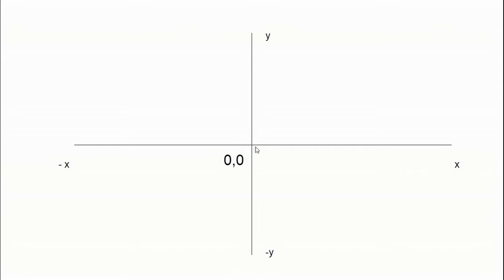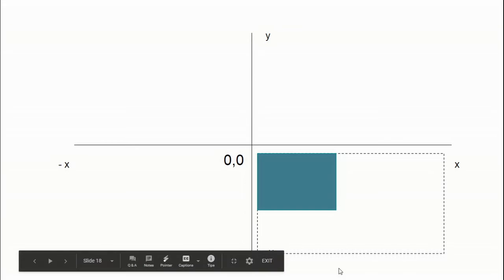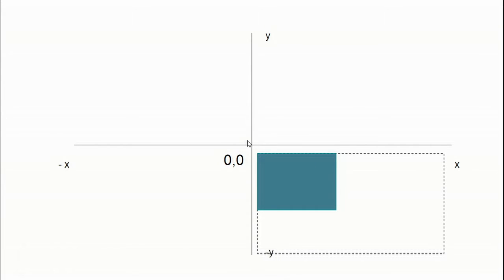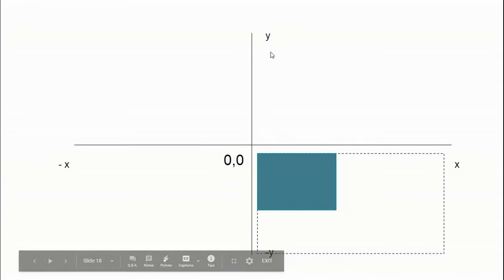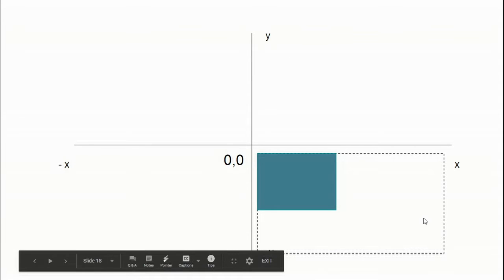Now in our HTML, this is what happens. This particular position is our viewport where x is 0 and y is 0, but instead of having y in negative, we are providing y as a positive value.